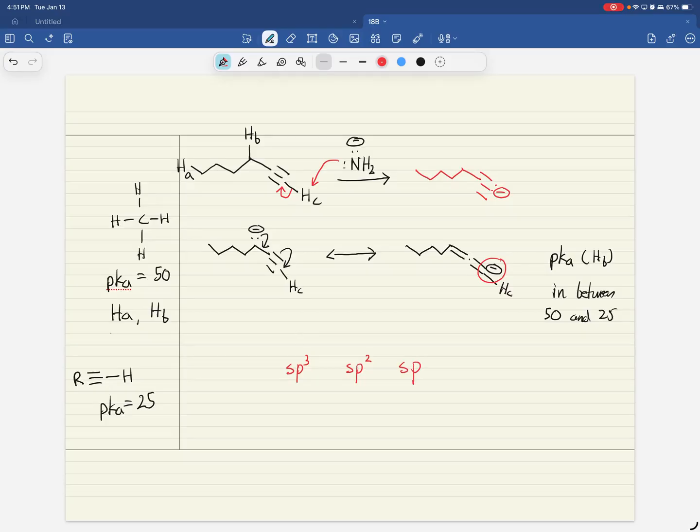So in terms of this graph here, a charge on which kind of carbon atom? So we have an sp carbon. Which one will have a more acidic hydrogen, sp, sp2, or sp3?